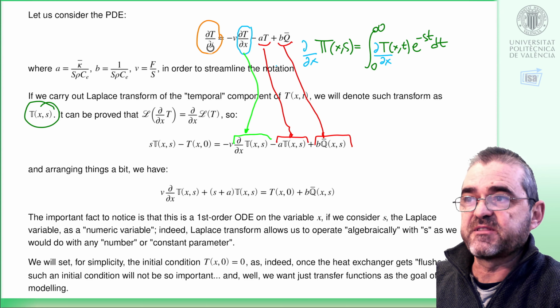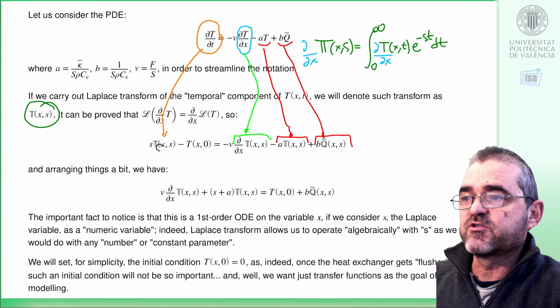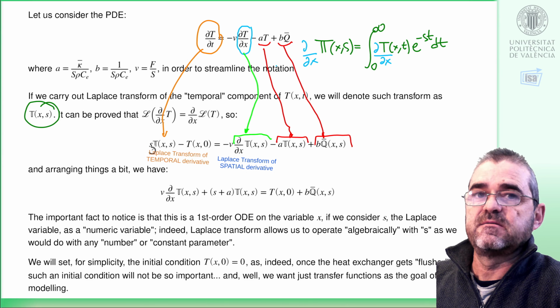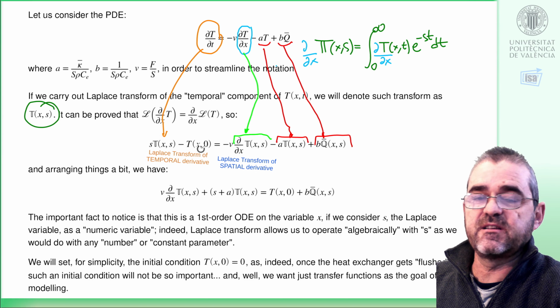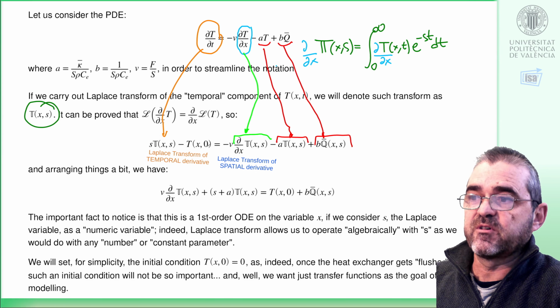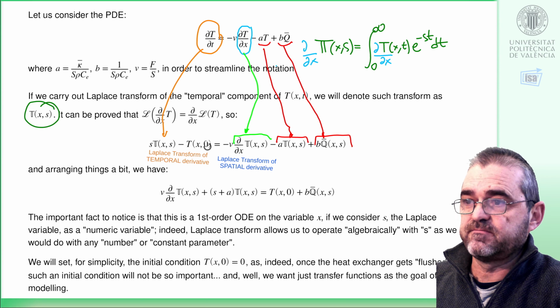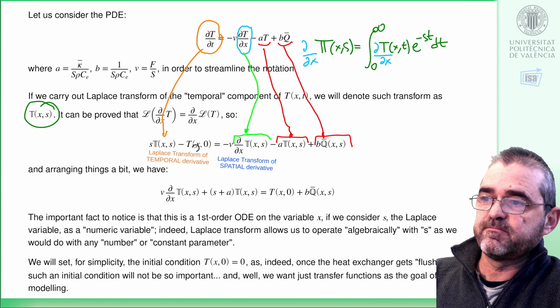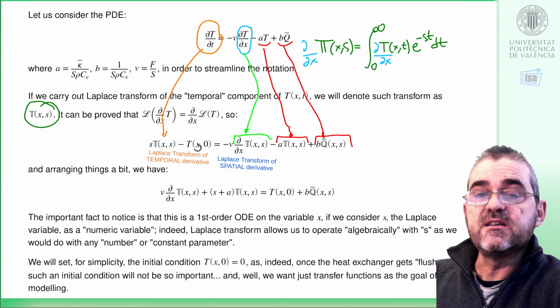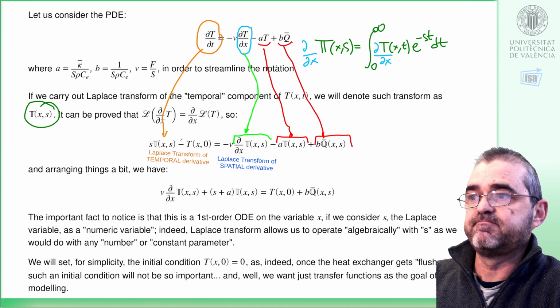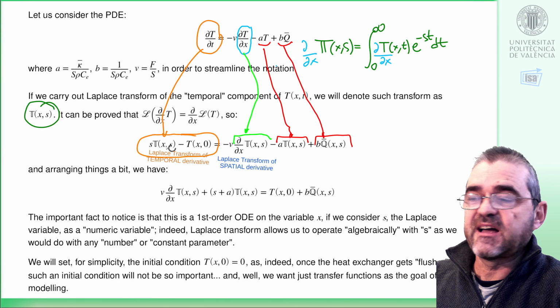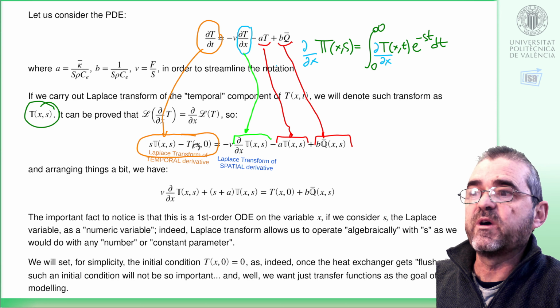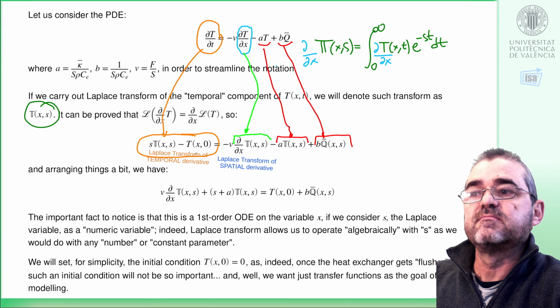The Laplace transform of the time derivative amounts to multiplying by s the Laplace transform and subtracting the initial condition for time equal to 0. Remember that we have a different Laplace transform for each position, so we can have a different initial condition for each position. So this is a standard time domain Laplace transform where x is assumed constant.